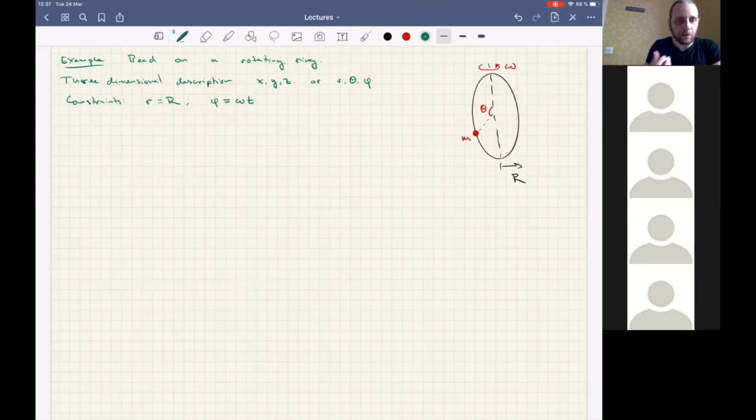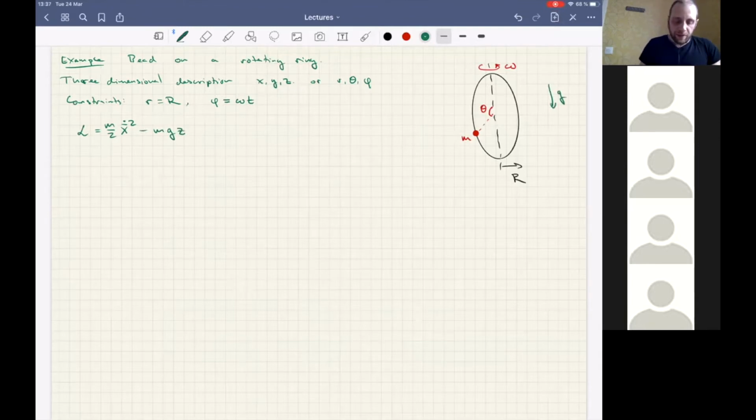Now the Lagrangian in the 3-dimensional coordinates would be m/2 times the velocity squared, and then we would also have the potential, which is mgz if we have a gravitational field g.